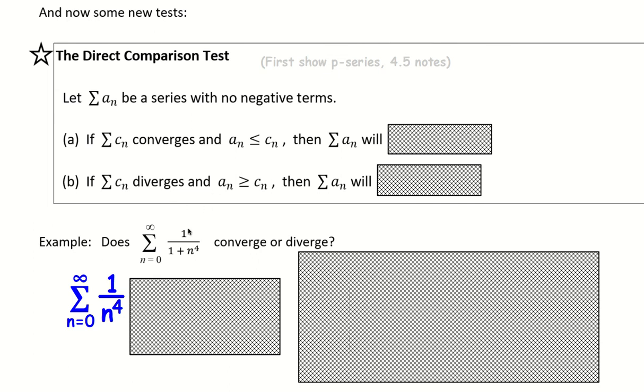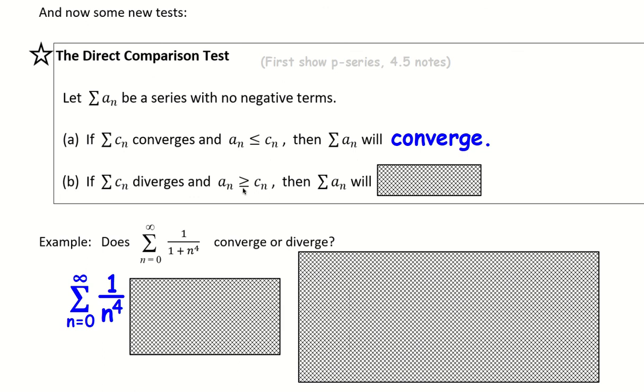If we can show that a series is smaller than something that we know converges, then we can conclude that our series also converges, seeing as how term by term, it's smaller than something that we know converges.